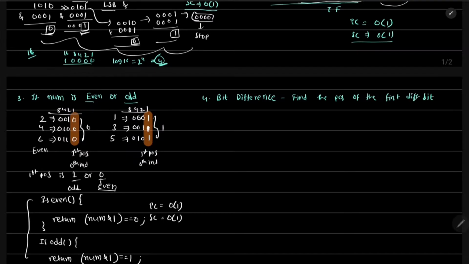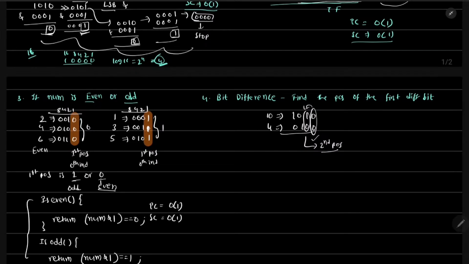So what I'm saying here is, let's take 10 here. It is 1010, and you take maybe 4. It is 0100. The first bit is same, right? So you go to the next bit. It is different. So you return the second position as your output. That's it. Right?